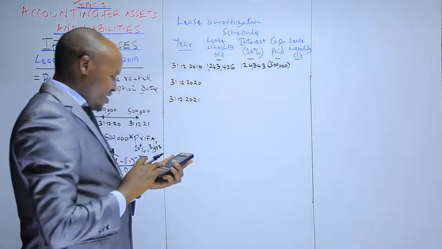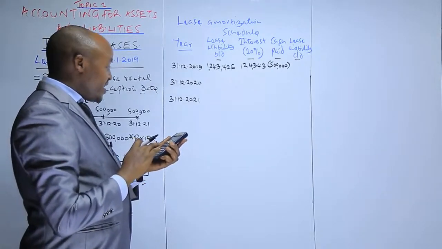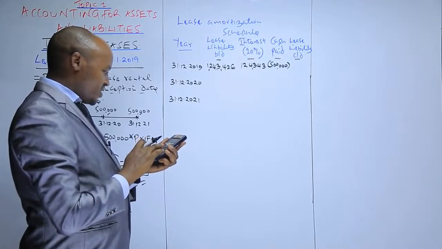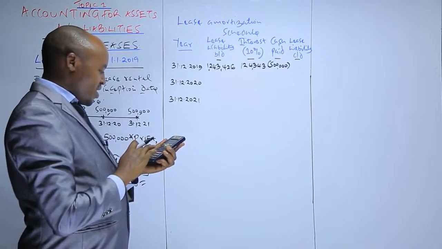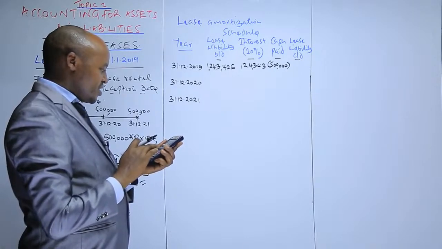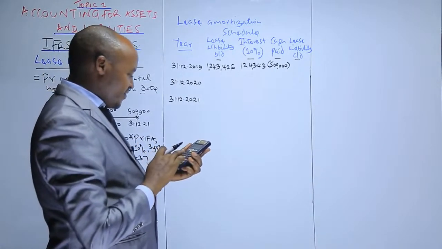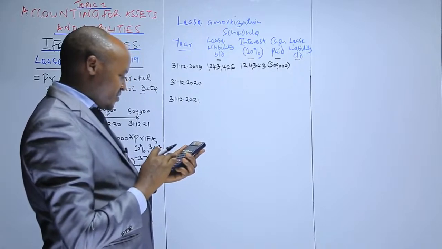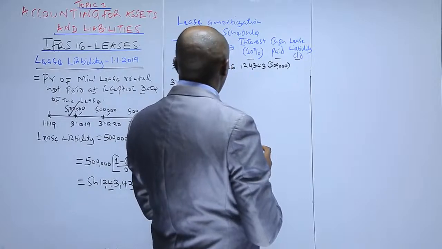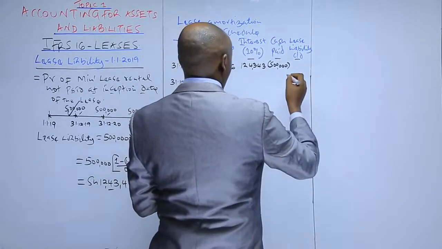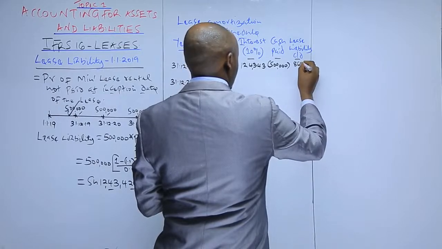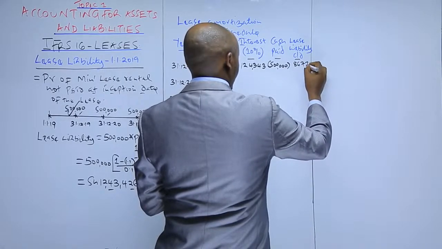So we take 1,243,426 plus 124,343, and then we less 500,000, and that will give us a lease liability of 867,769.